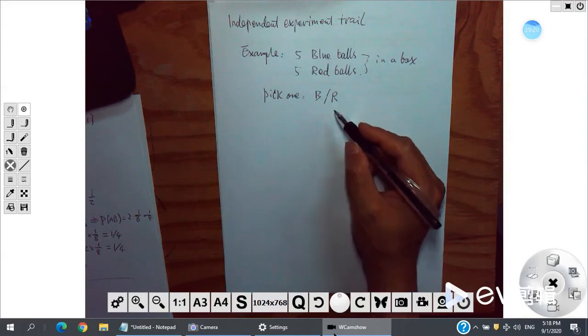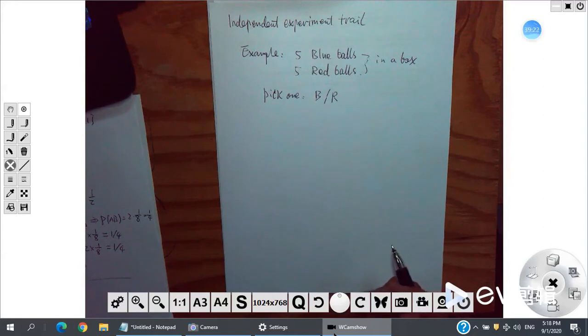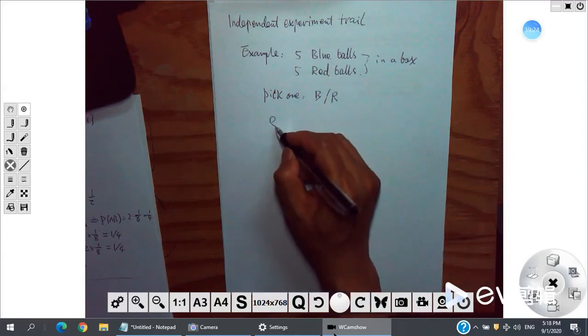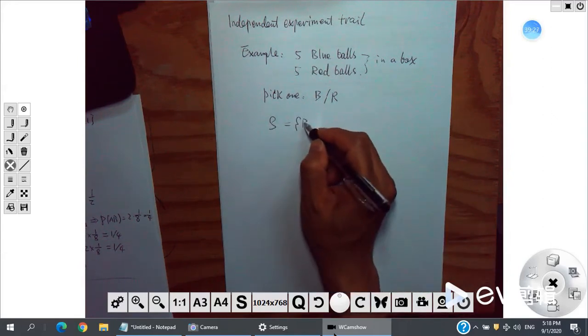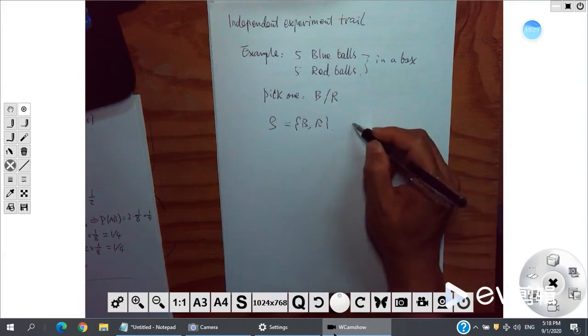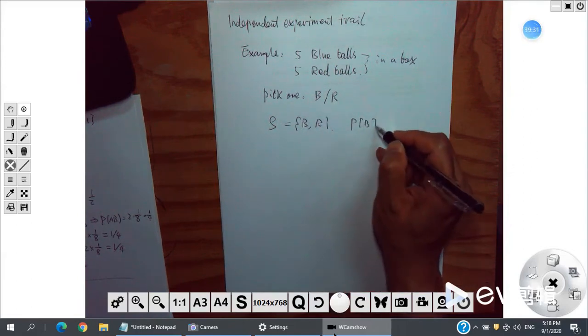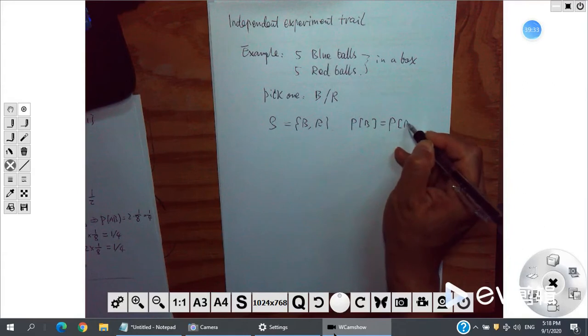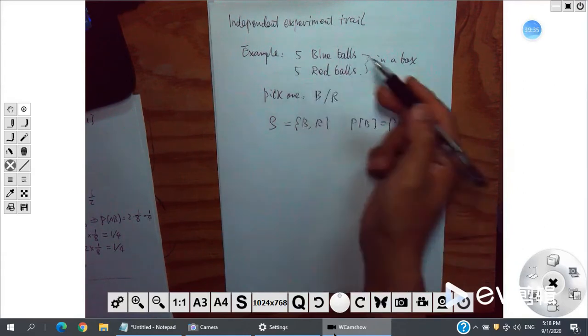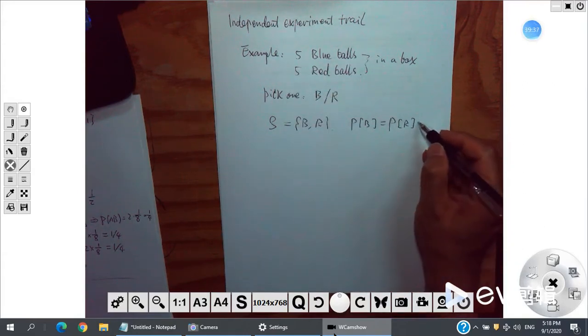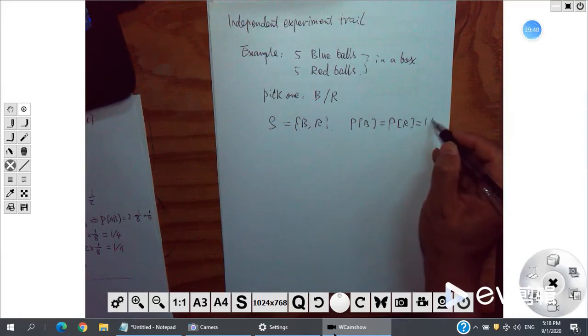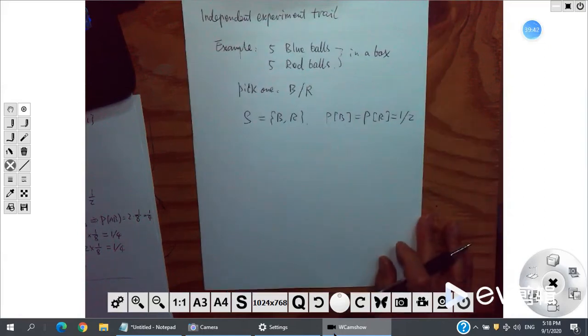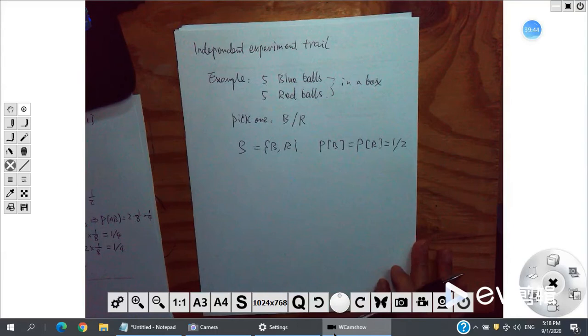Okay, if you just do it one time, then the sample space is just blue or red, and the probability of B or the probability of R are the same, right? 5 and 5, totally 10. So 5 out of 10, or just 1/2, half and half chance. All right, now we do the experiment sequentially, right? The first time we pick a bar, and the second time we pick a bar again.